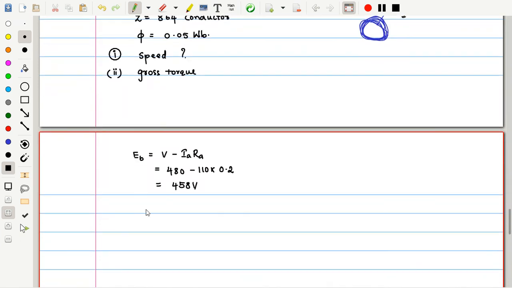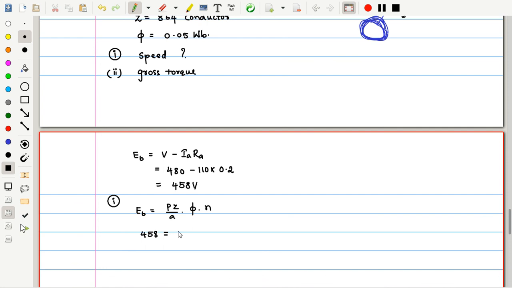Once we get EB, we know that EB is equal to P Z by A into flux phi into speed, with speed in RPS. Number of parallel paths, poles, number of conductors, flux per pole, everything is given, so what we need to get is speed. So 458 is equal to, P is equal to A, so this will get cancelled.